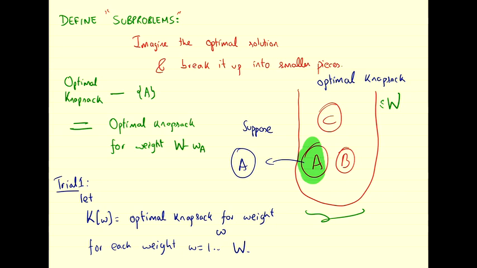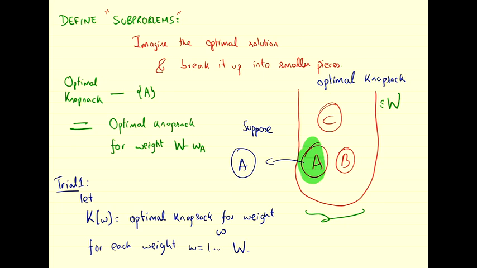So the question was, this seems wasteful because maybe not every weight is possible. For now, we'll just try to come up with some algorithm, and then we can try to optimize and improve it. Now I'm actually just dissecting how to come up with the subproblem.